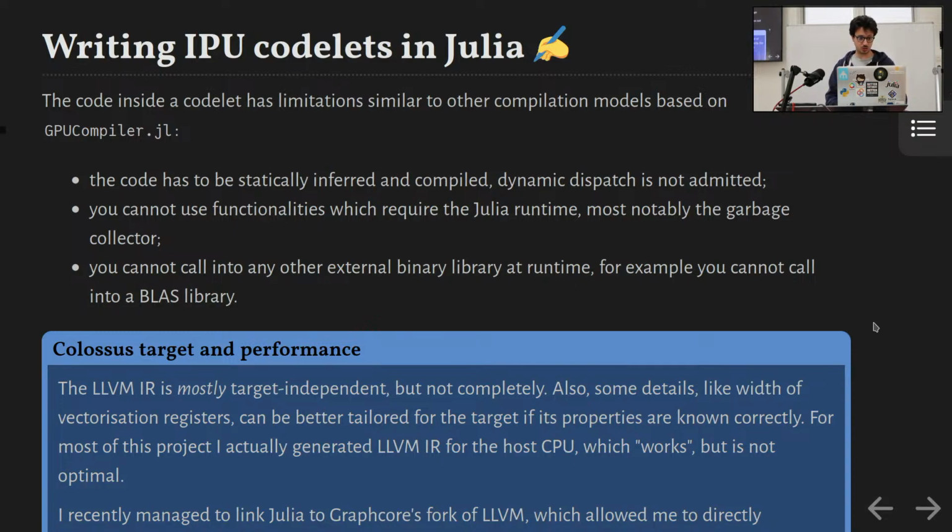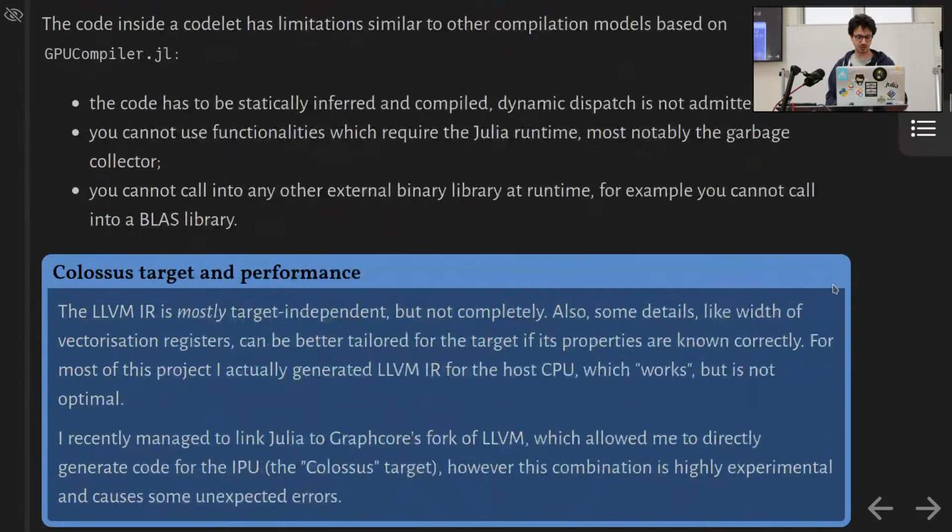Again, we used this GPUCompiler framework to build this pipeline. There are some limitations, like all the code has to be statically inferred. You cannot use any functionalities which require the Julia runtime, most notably the garbage collector, and cannot use external libraries like BLAS libraries.